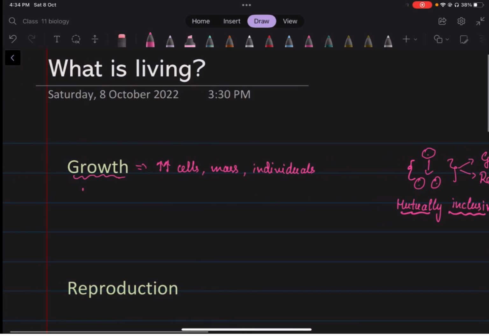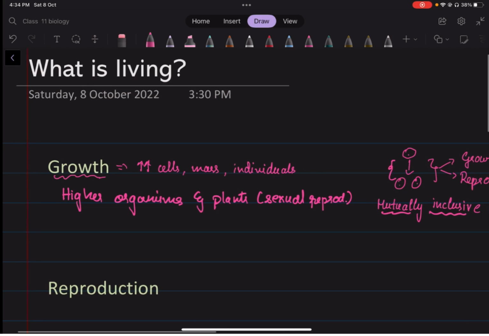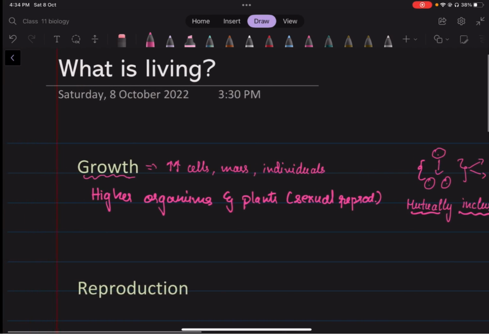Whereas in higher organisms and plants, where sexual reproduction is prevalent, that means two parents and fusion of gametes, here there's no fusion of gametes in asexual, and here there's fusion.